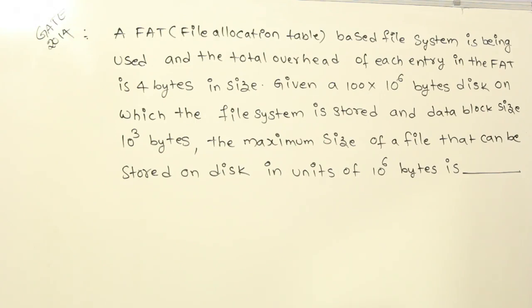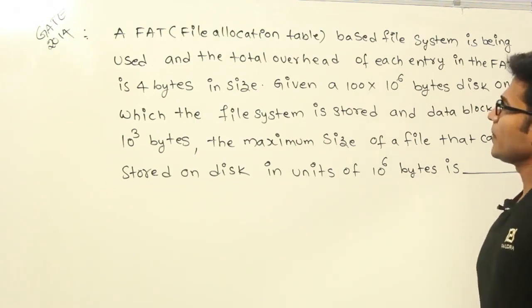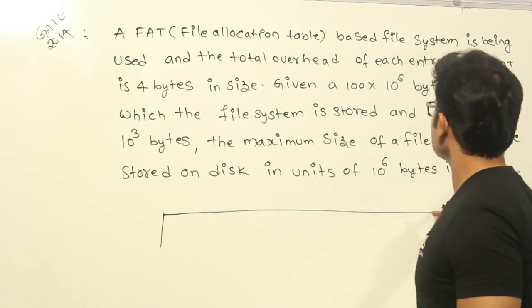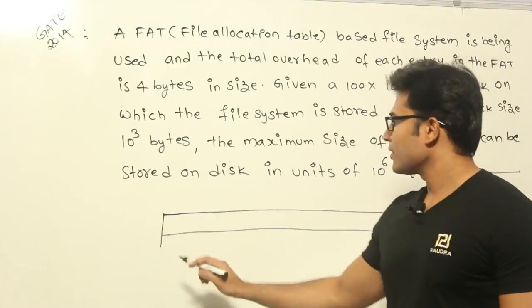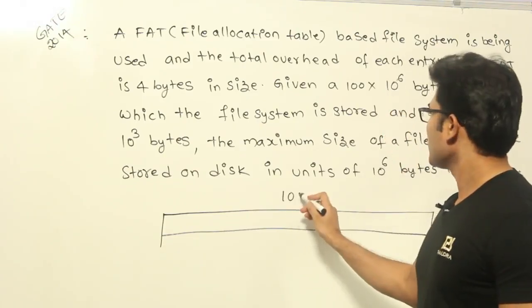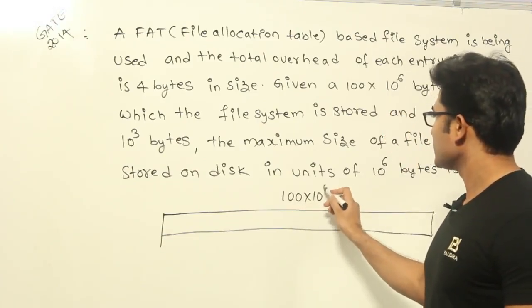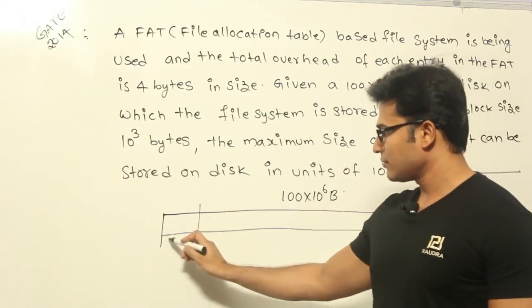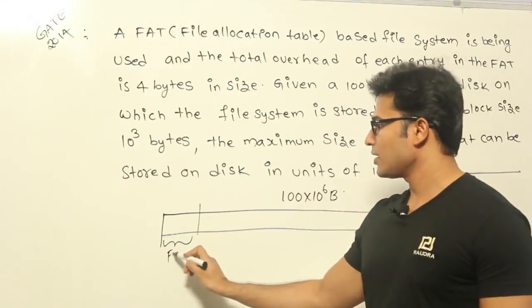Now they are saying that the total hard disk capacity is 100 into 10 power 6 bytes, right? And now some part of the hard disk will itself be consumed by the FAT, the file allocation table.